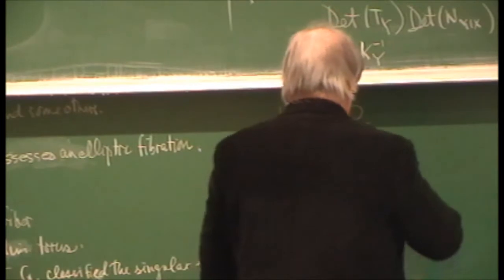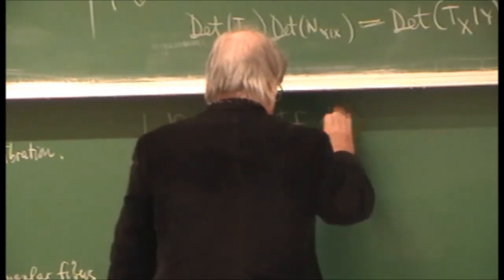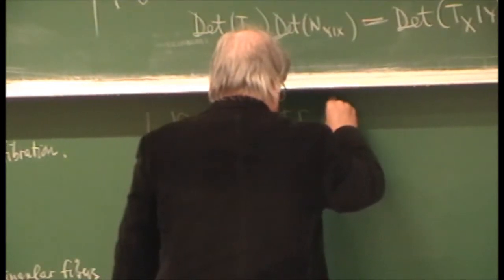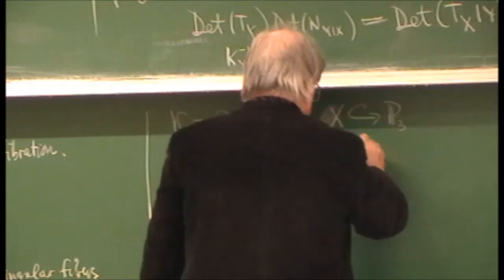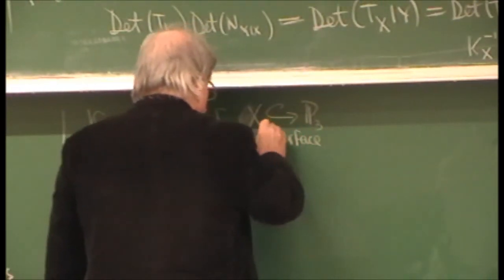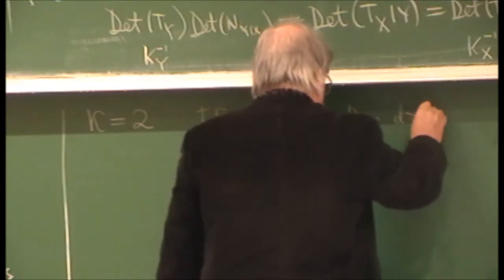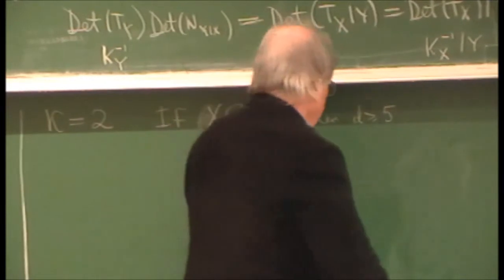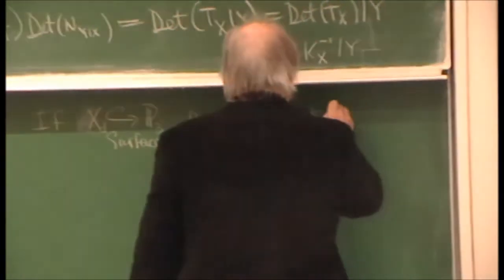And please notice, if X is in P3 as a smooth surface, and it's of degree D, then D bigger than or equal to 5 implies that the Kodaira dimension is 2.